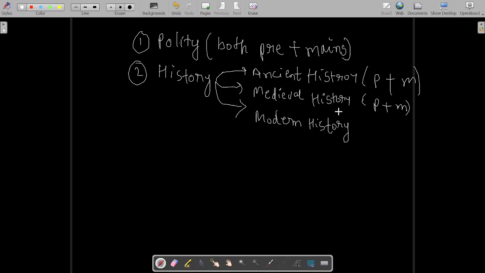So modern history is also important for prelims plus mains. Then there are two more divisions of history which half of the population preparing for UPSC does not know.